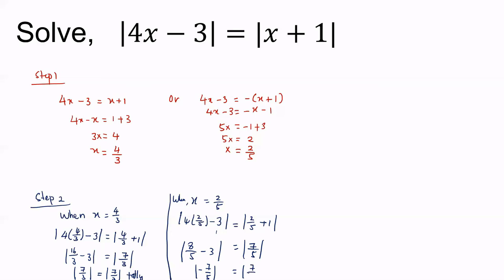And since the modulus or absolute function makes the left side positive, we can claim that 7/5 is equal on the left and the right. So therefore, we can conclude that the critical point x equal to 4/3 and the critical point x equal to 2/5 are solutions of the given original equation.